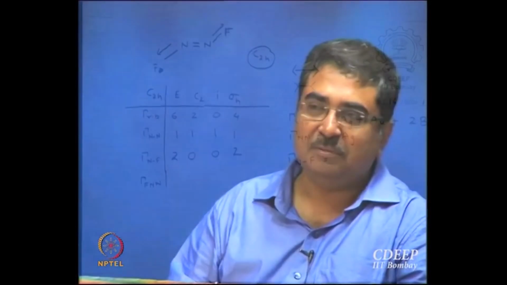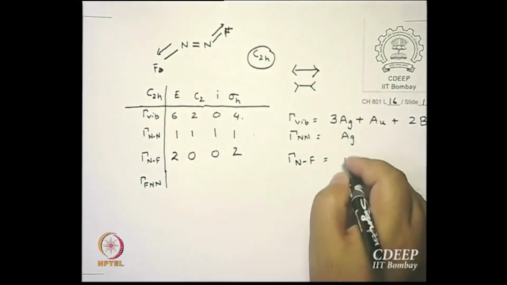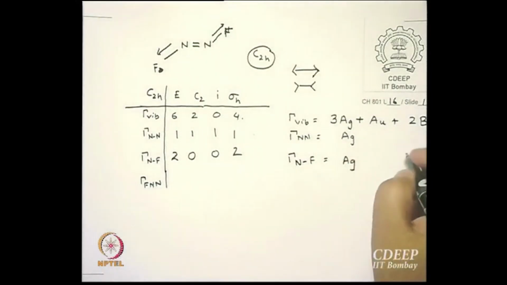Do we get Ag plus Au or Ag plus Bu? Or do we get Au plus Bu? Or do we get 2 Bu? Ag plus Bu? Do you all agree? Because I have forgotten and I am too lazy to work it out. So you have to tell me. Ag plus Bu is what you are saying. So I will go with that. You better be correct.